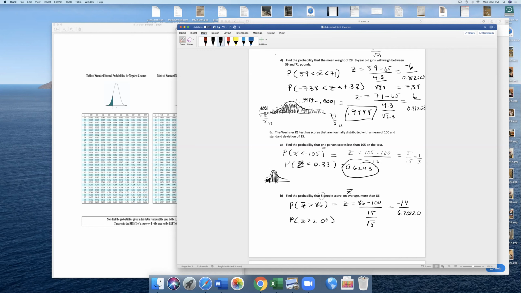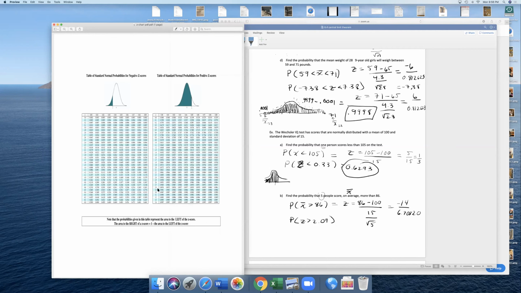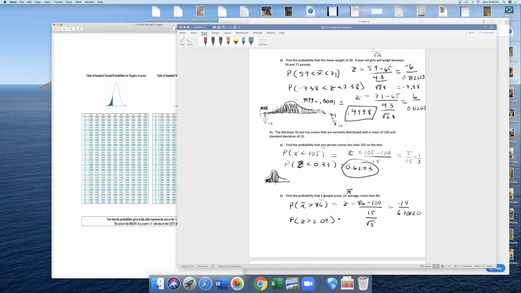Okay, so we start off with x bars, we convert to z's, and now we're going to convert these z's into p's. So again, convert the z's into p's. I'm going to go to my z chart. I'm going to go to 2.09, which is right over here at 0.9817. So here we want to find the probability that 5 people score on average more than 86. So remember that here we're shading to the right, more than 2.09 units shaded to the right.